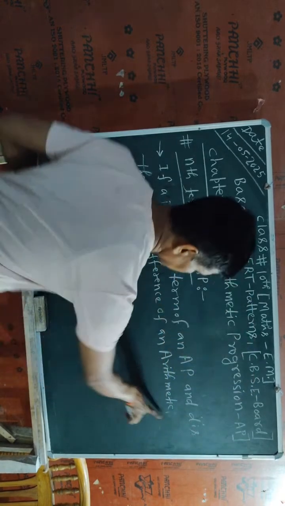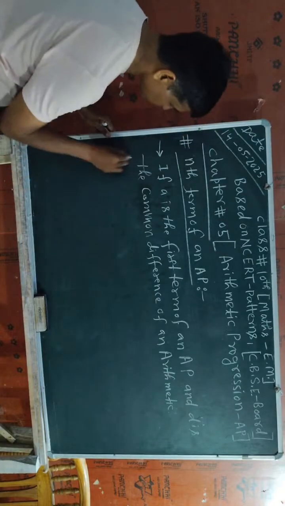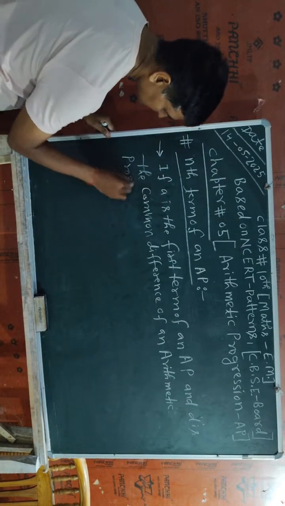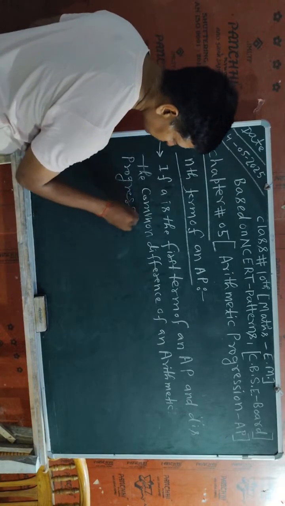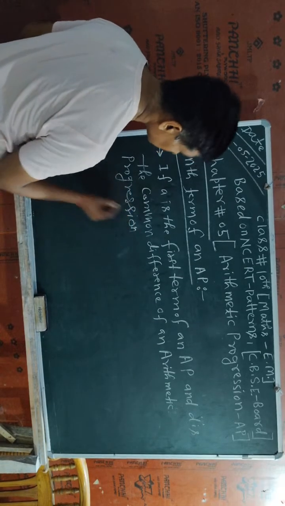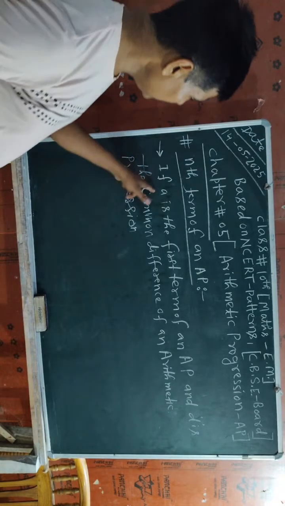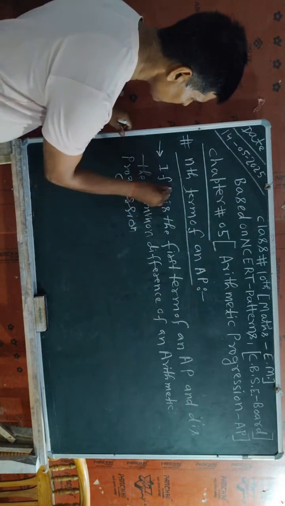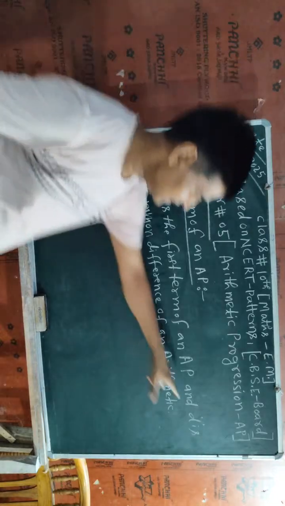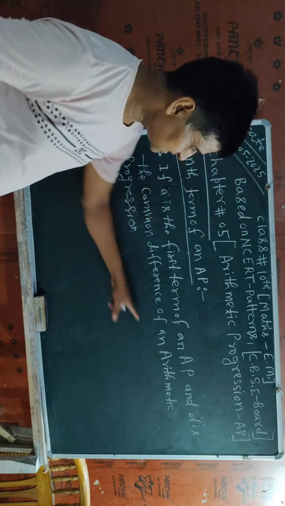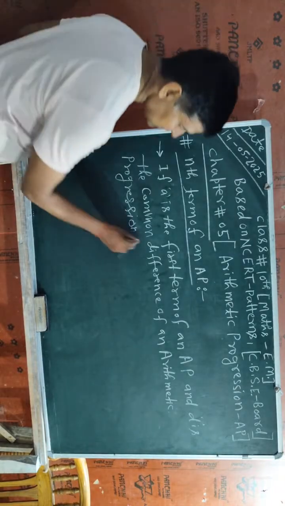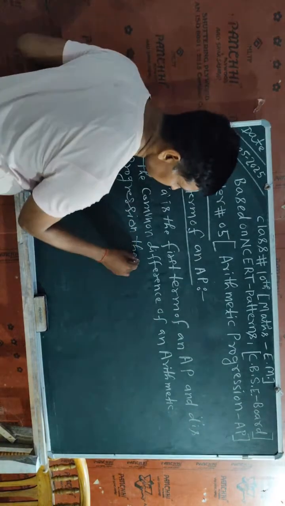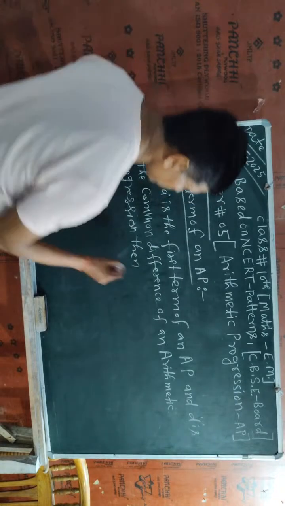Here I have assumed a is the first term of an arithmetic progression and d is the common difference of that arithmetic progression. Then the nth term can be given by the formula.